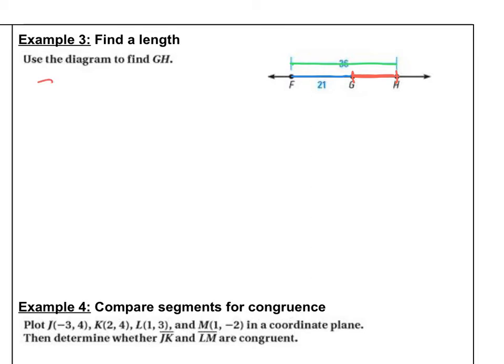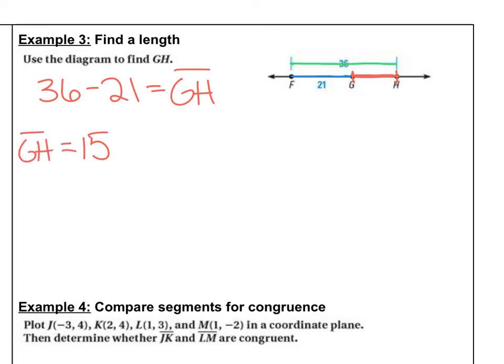We are going to take 36 minus 21, and that's going to give us our line segment of GH. 36 minus 21 is 15. So GH is equal to 15. So you're still using the segment addition postulate.